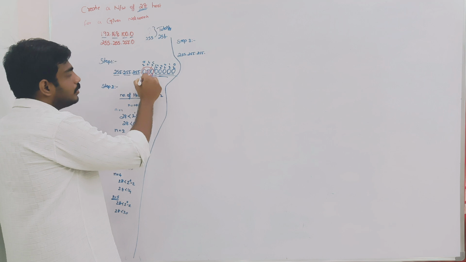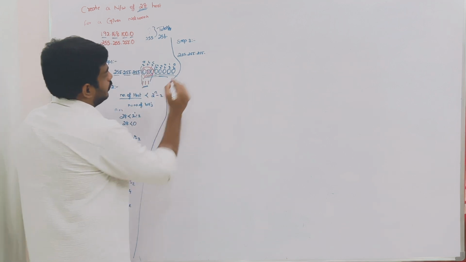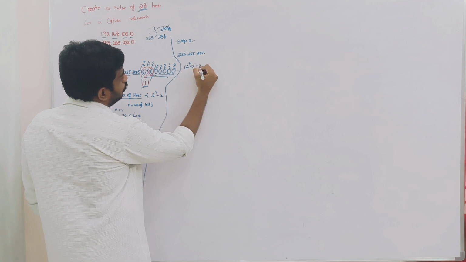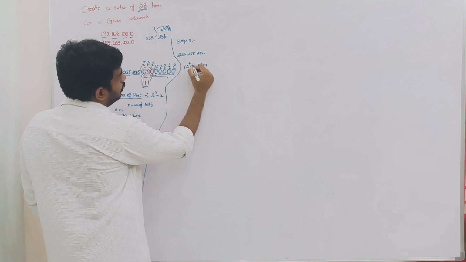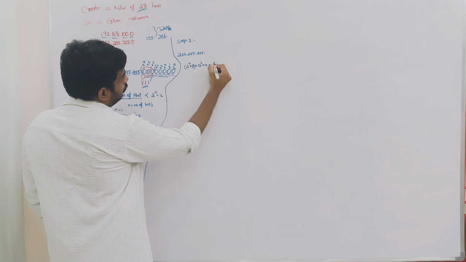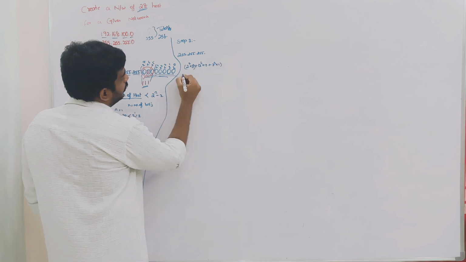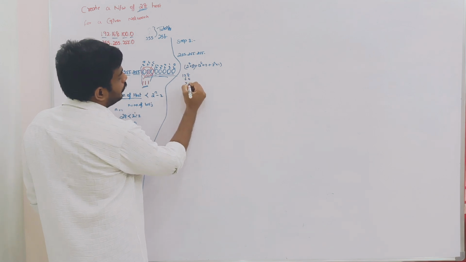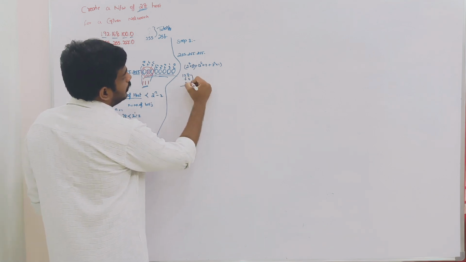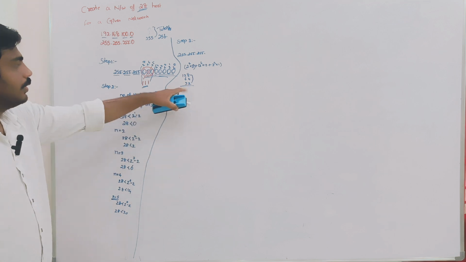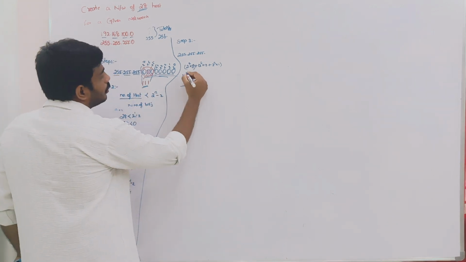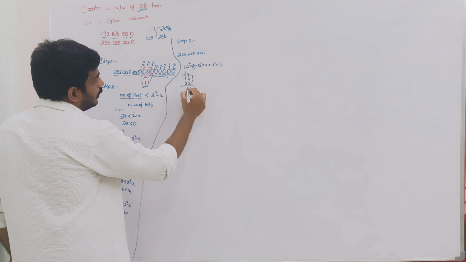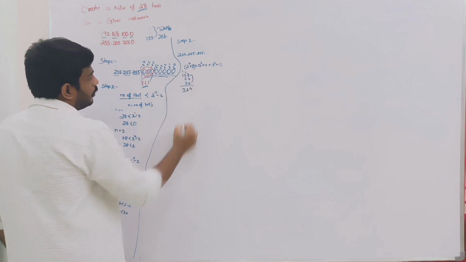You multiply these bits by 2 power 7 times 1 plus 2 power 6 times 1 plus 2 power 5 times 1. 2 power 7 is 128, 2 power 6 is 64, 2 power 5 is 32, which results in 224.